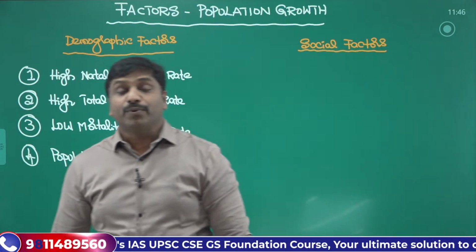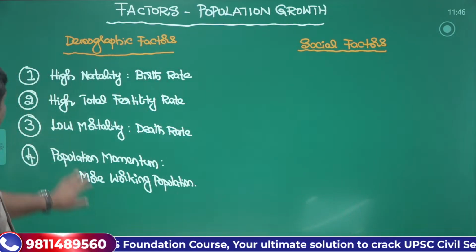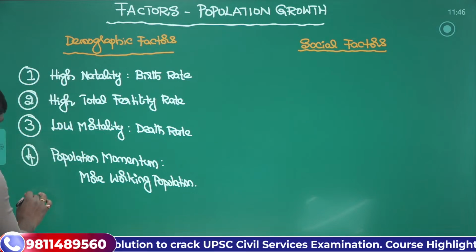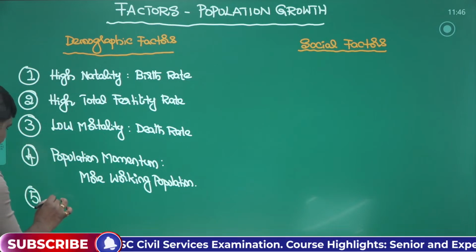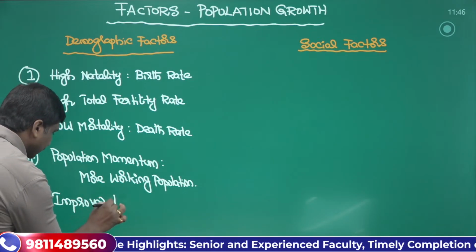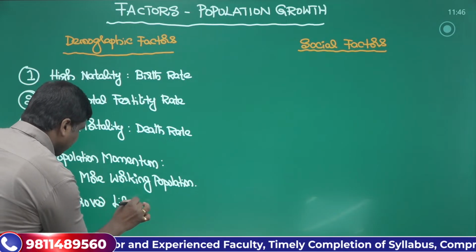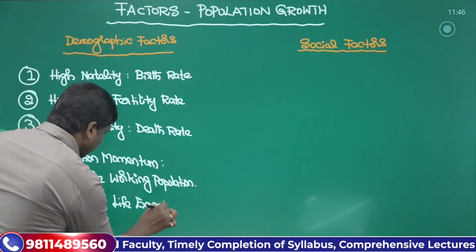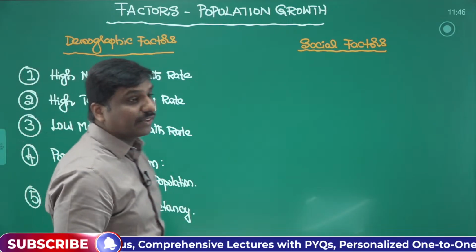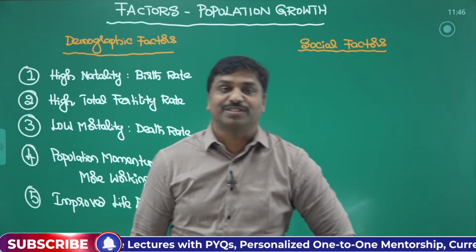Then improved life expectancy. So high birth rate, low death rate and improved life expectancy. This is another important aspect that is responsible for the population growth. Right?